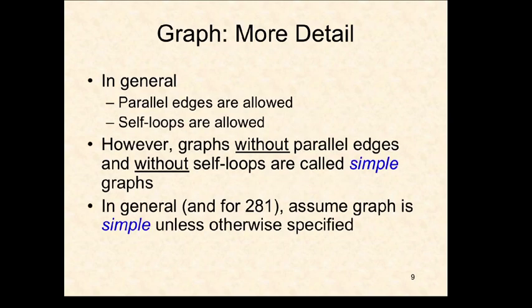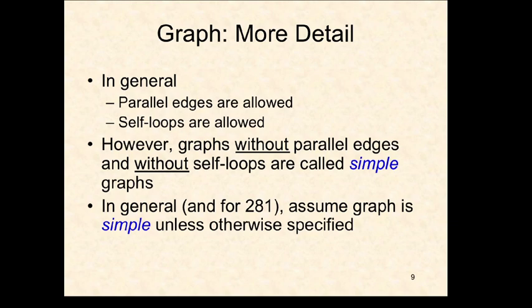Okay, so in more detail, when we make a graph, we often are going to have these conditions which we might want to disallow. For instance, parallel edges are allowed in a general graph. Self loops are allowed in a general graph.